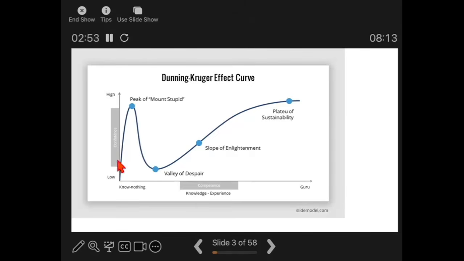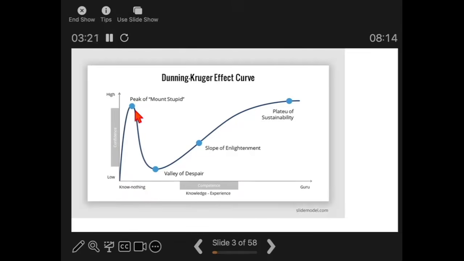Here in this curve you can see that this is the increasing knowledge and experience, and this is the confidence. So when the knowledge and the experience is very little, the learner may be overconfident. So this is known as the peak of Mount Stupid.